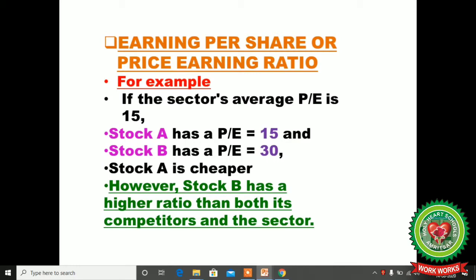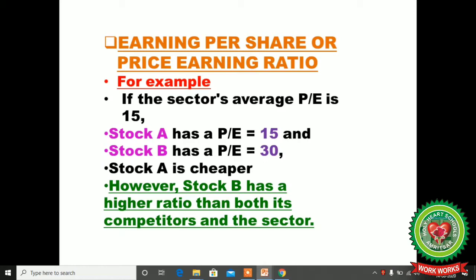Stock A's price earning is 15, stock B is 30. So stock A is cheaper. However, stock B has a higher ratio than both its competitors and the sector. So stock A's price of 15 is cheaper, because B's 30 is more than the standard price.